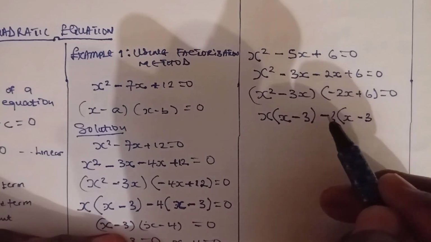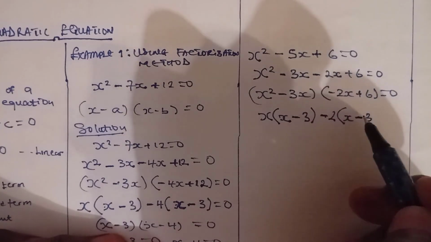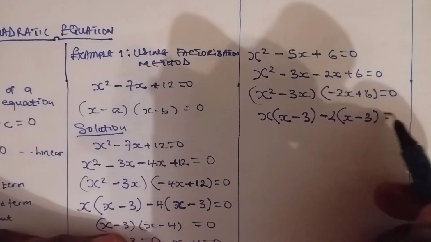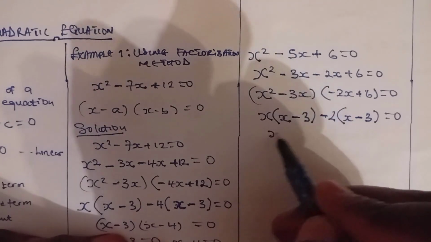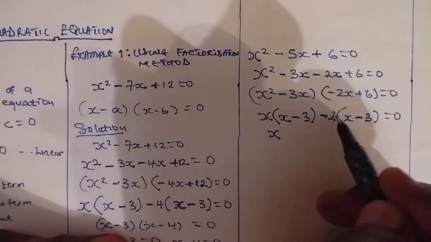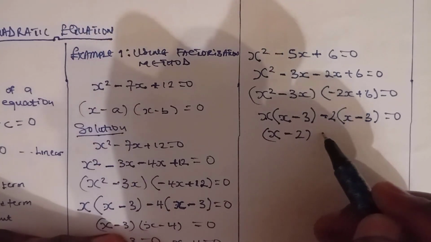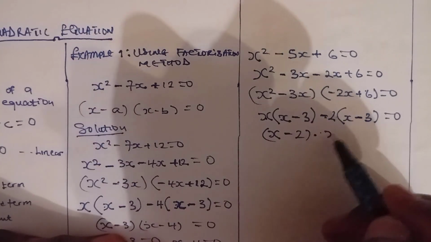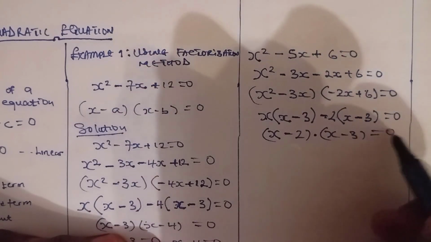3, because 2 times 3 gives us 6. But remember it is positive 6, so it's going to be minus times minus to give us positive, equated to 0. So we can take this x minus 2 and x minus 3, equal to 0.